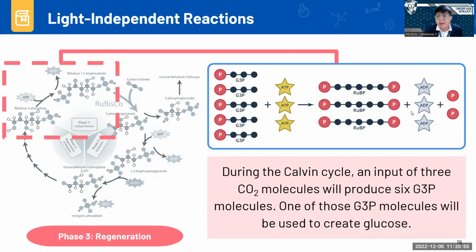So ito yung parang product natin kanina, yung drawing natin kanina. So we have 3 molecules of RUBP plus 3 molecules of ADP plus phosphate. Yung dalawang phosphate na tinanggal natin. Yun. So that's the process.